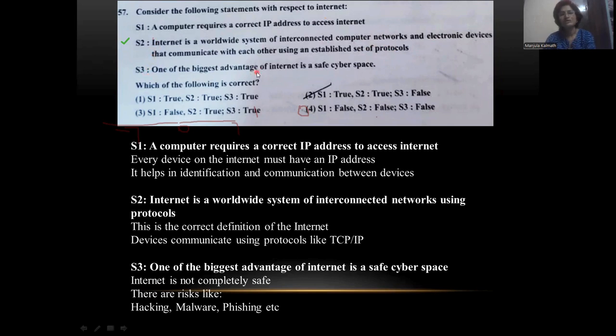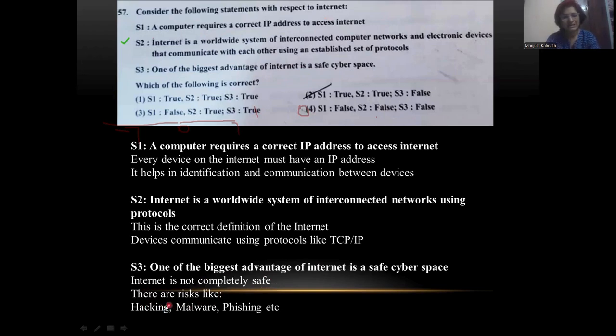S3: one of the biggest advantages of the internet is a safe cyberspace. No, this option is wrong, because in a network there is always a problem with security. The internet is not completely safe.